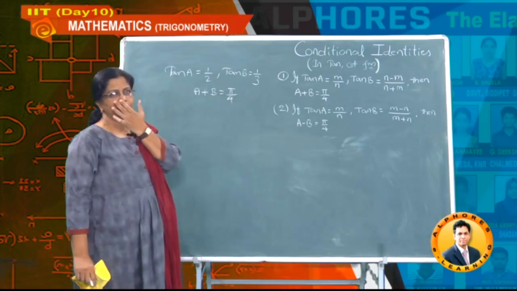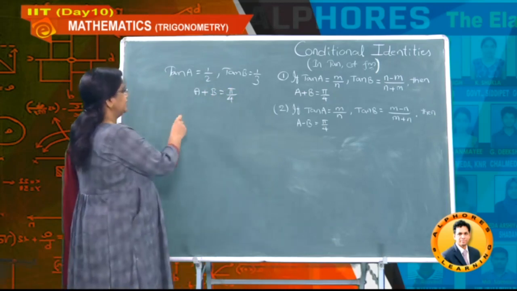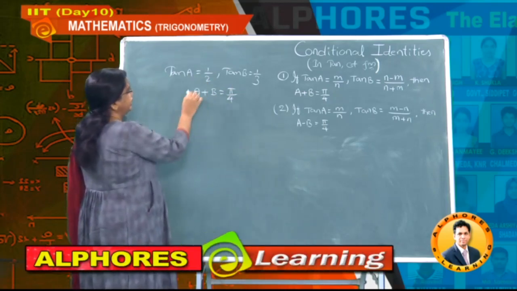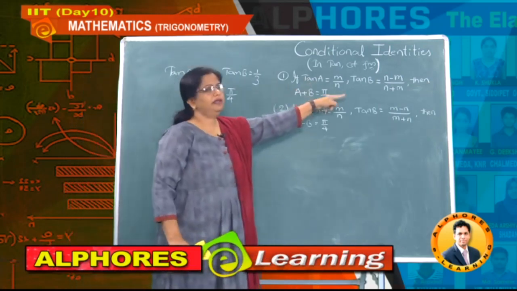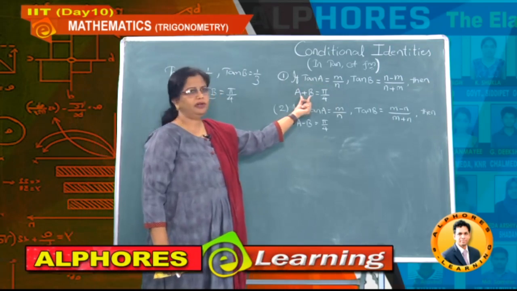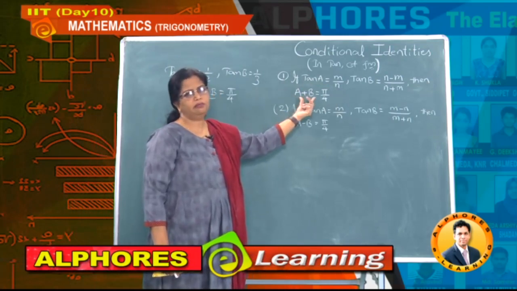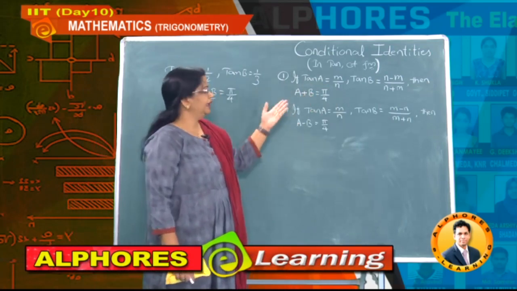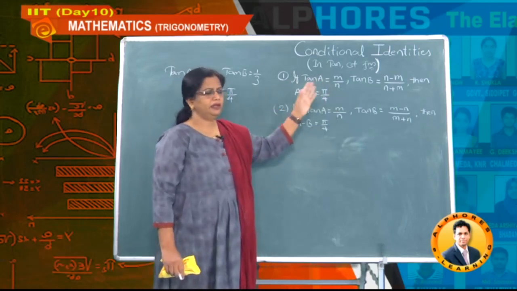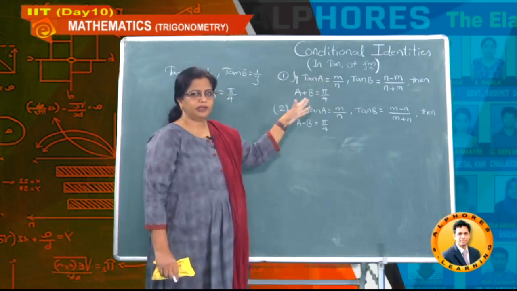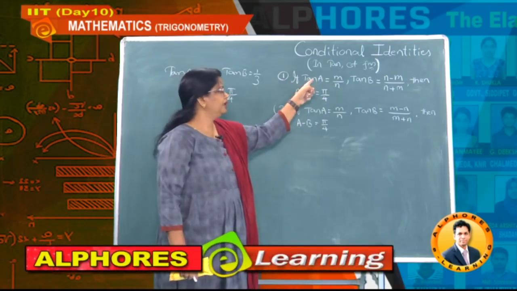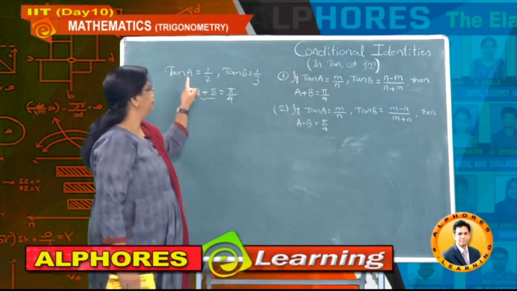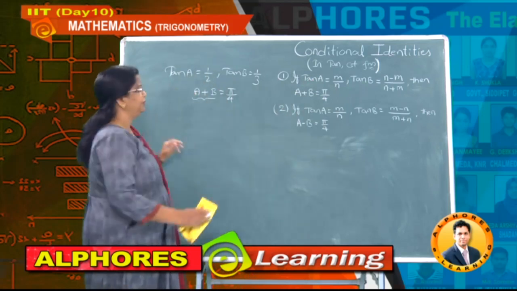So how did you get this value actually? Whenever they ask about trigonometric values given, if they ask about a compound angle, sum or difference etc., then with whatever data is available, take cos of A plus B, or sin of A plus B, or tan of A plus B. Here the available data is tan A and tan B, so these are the values you know.